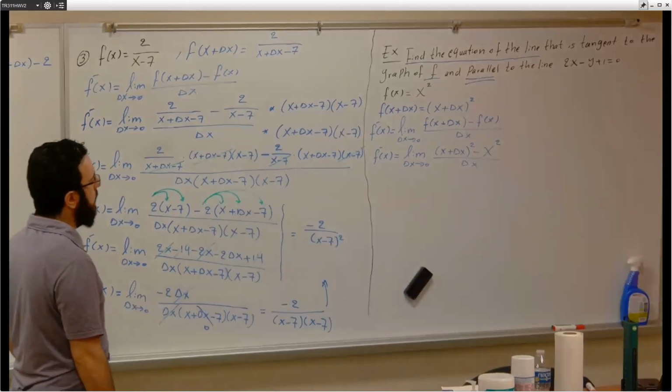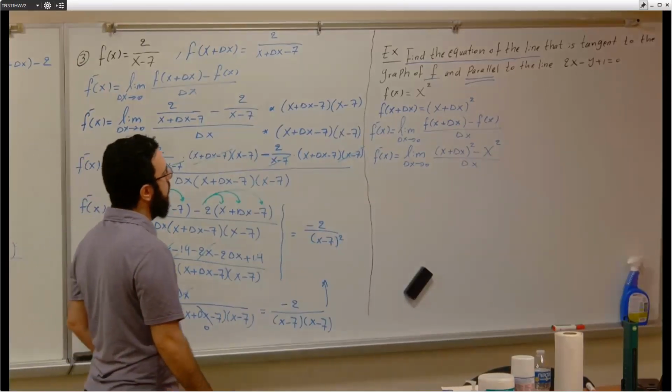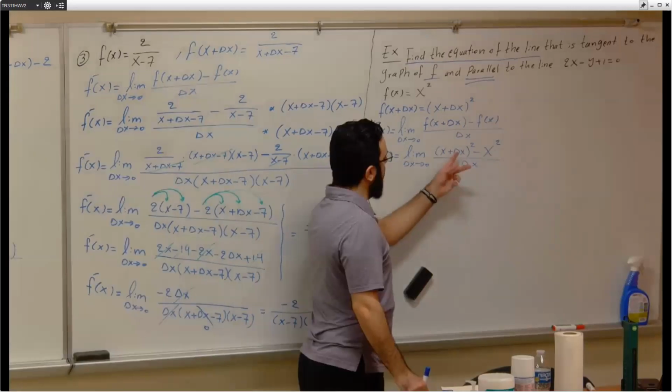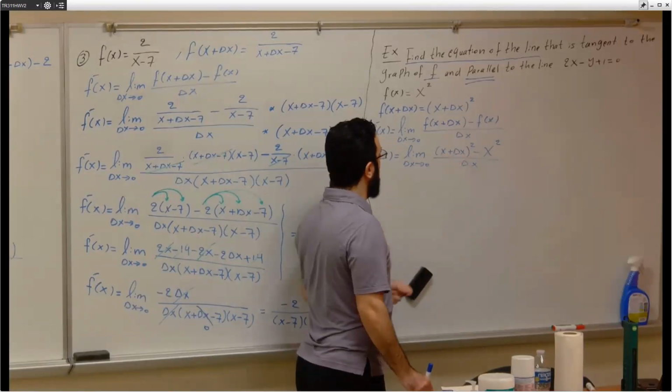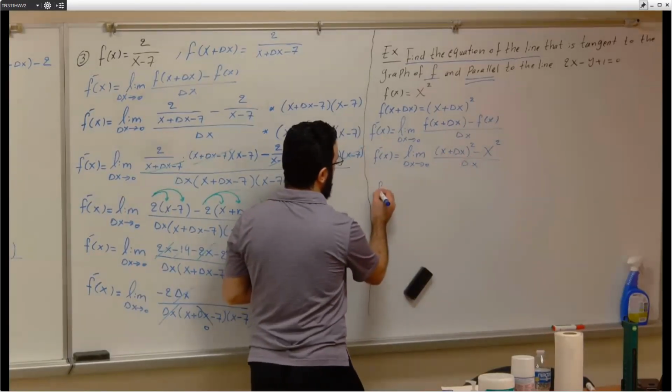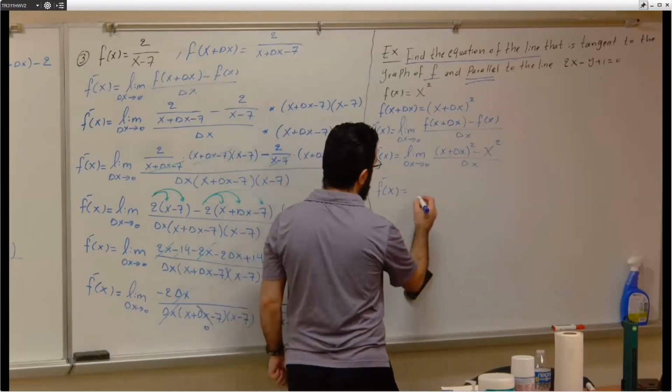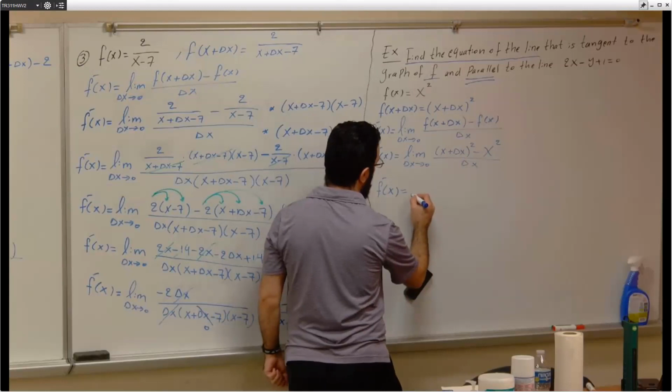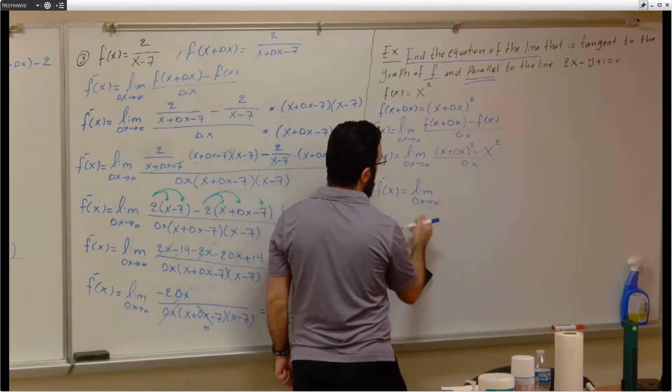Now again, we have to FOIL this part. So f prime of x is the limit as delta x approaches 0.